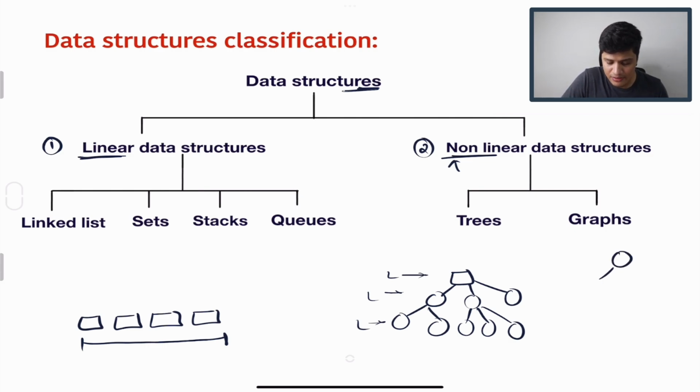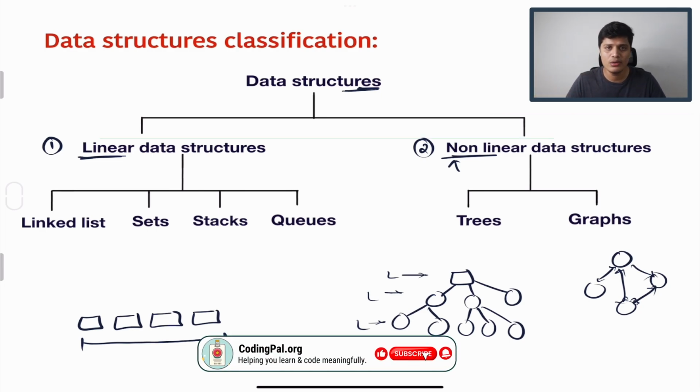When you take the graph data structure, a graph node can connect with any other node that we have inside the graph. When it comes to graphs, the values are not arranged in a level by level fashion, and any value can connect with any other value inside the graph. One thing you have to understand here is that values are not arranged sequentially.